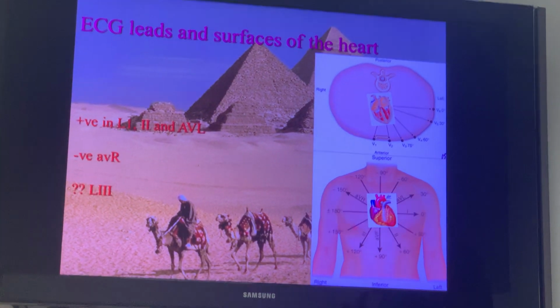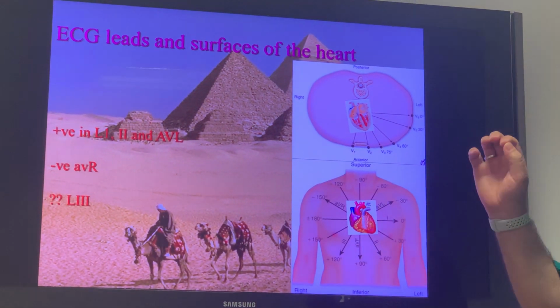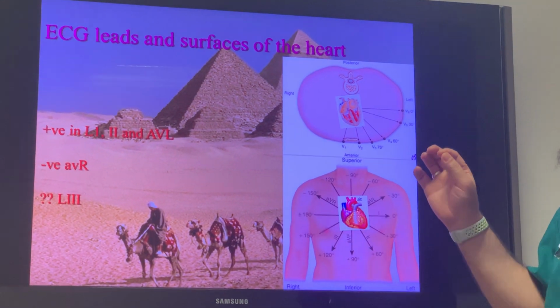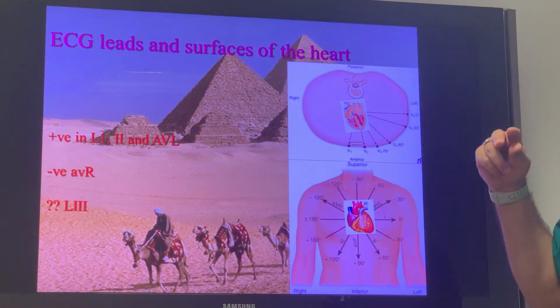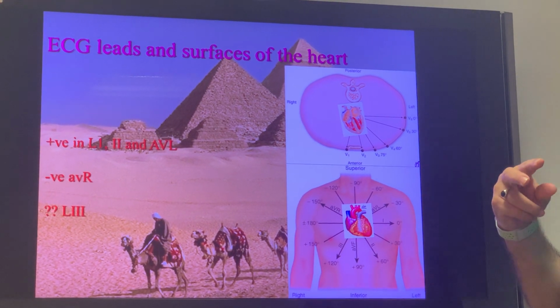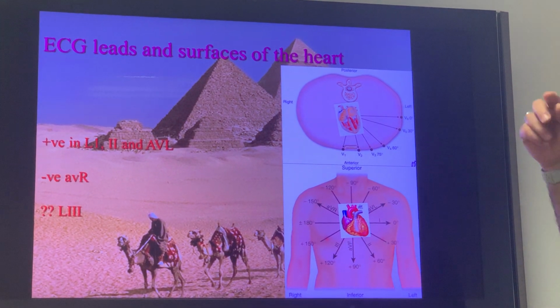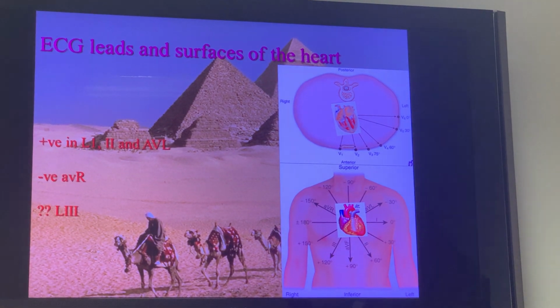So I give them a simple statement: any wave or electrical activity that goes towards the lead comes positive in the ECG, and any wave that goes against or away from the lead is recorded as a negative wave.